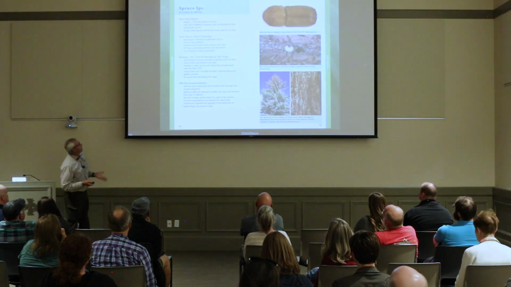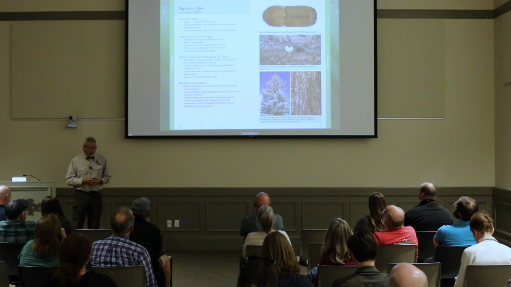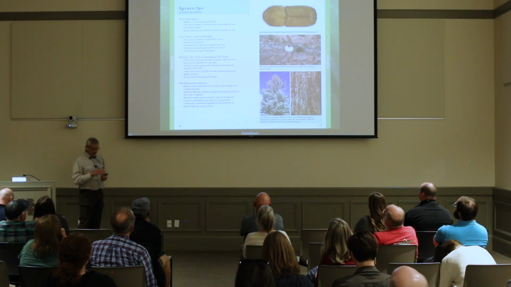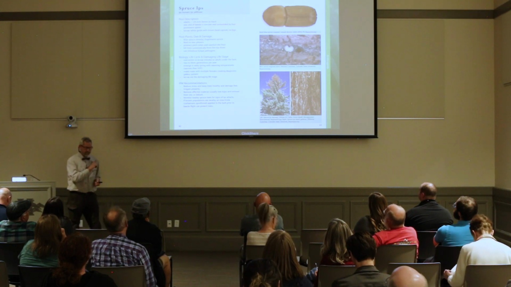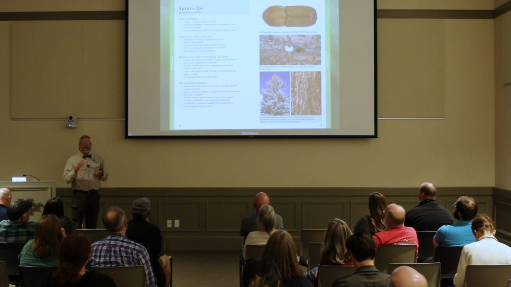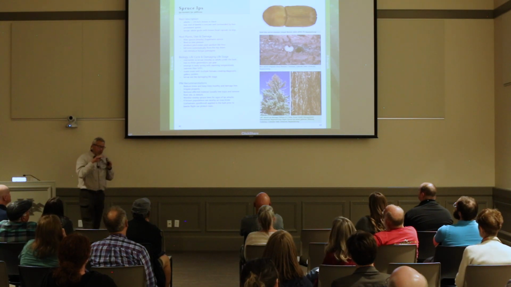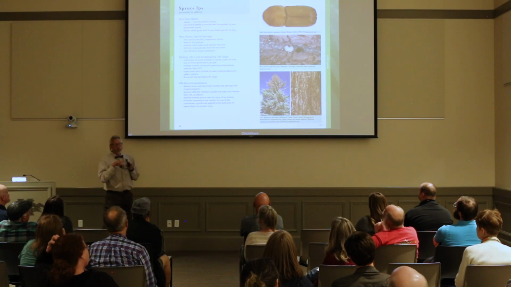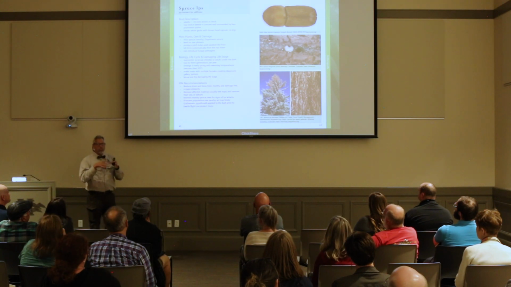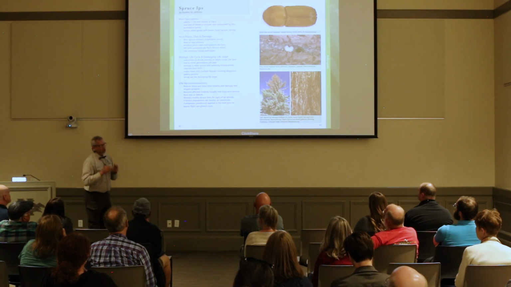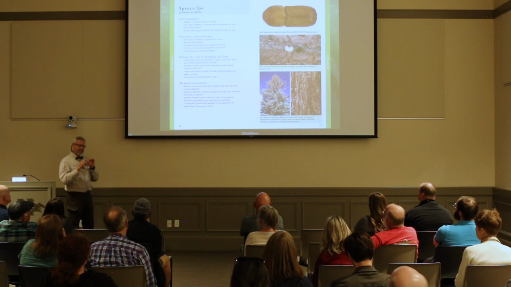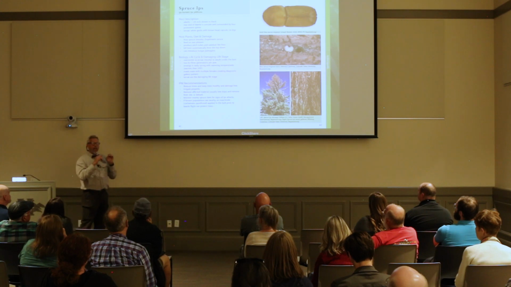So this is a slide that I borrowed, and a very significant driver of spruce tree health in northern Utah is this insect called spruce ips. It's a bark beetle. It's a very small bark beetle that chews its way into the bark of a spruce tree, usually smaller diameter tree trunks that don't have super thick bark yet. They chew their way in, and their intent is to lay eggs.